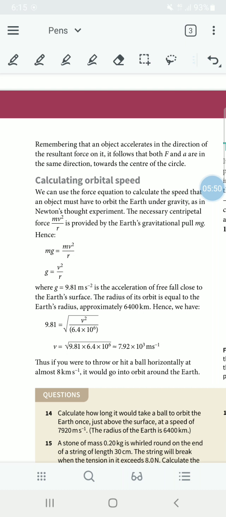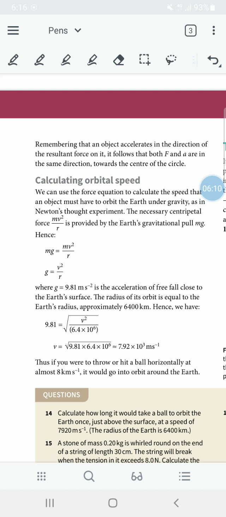So that means if you fire something at a speed of 7,920 meters per second, that is, if it travels approximately 8 kilometers per second, then it will go into orbit around the earth.